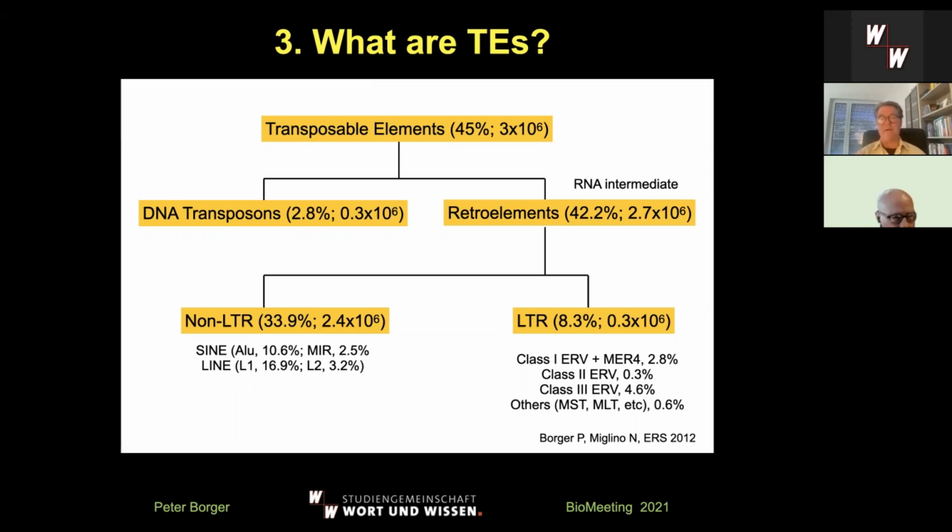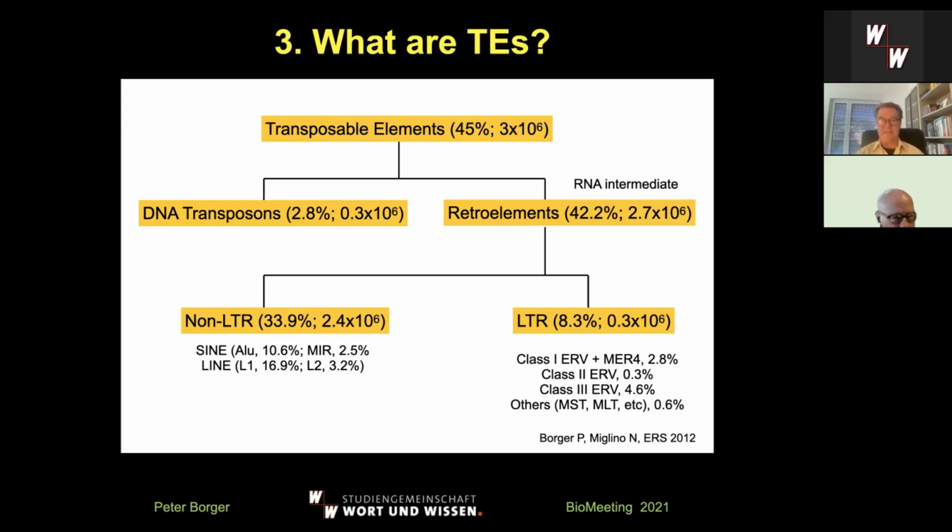And if we look into a classification of these transposable elements, we see here that there are DNA transposons, which is only a minor part of all the transposable elements in our genome. It's only 2.8%. About 300,000 of them are in the genome, and they do not require an RNA intermediate to transpose. They simply transpose as a DNA molecule, which is then cut out of the genome and put in another place in the genome.